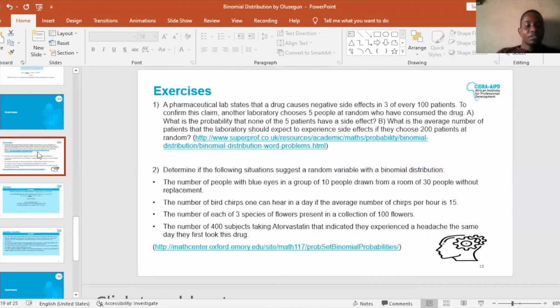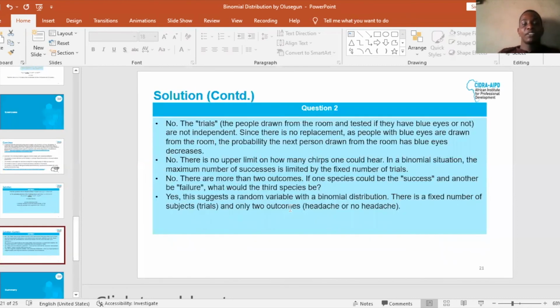And now the final one: the number of 400 subjects taking atorvastatin that indicated they experienced a headache the same day they first took the drug. Yes, this situation can be described as a binomial distribution. This suggests a random variable with a binomial distribution. There is a fixed number of subjects or trials and only 2 possible outcomes, headache or no headache.